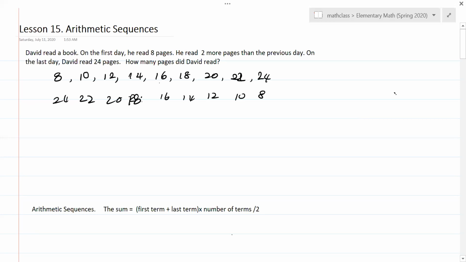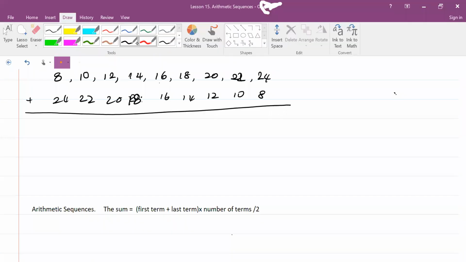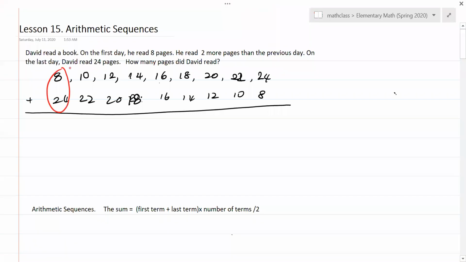So what I'm going to do is I add those 2 sequences together. Okay, if I add them together each time, then reorder them, add those 2 numbers together. Okay, so what I got here is 32, 32, 32. Every time you get 32.